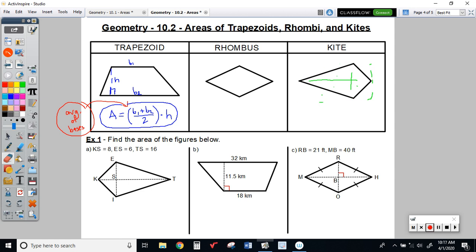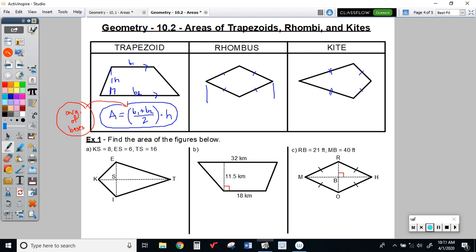So for both of these formulas, the area will be 1/2 times diagonal 1 times diagonal 2. So for this one, and remember with a trapezoid, these parts are parallel. For a rhombus, all sides are congruent, so you could draw that on your picture. For a kite, 2 pairs of consecutive sides are congruent. So this is congruent to this, this is congruent to that.